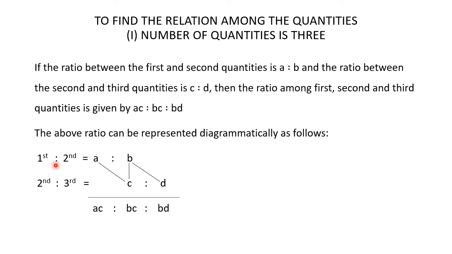Write c just below b. Then the ratio among first, second and third quantities can be calculated as ac:bc:bd.